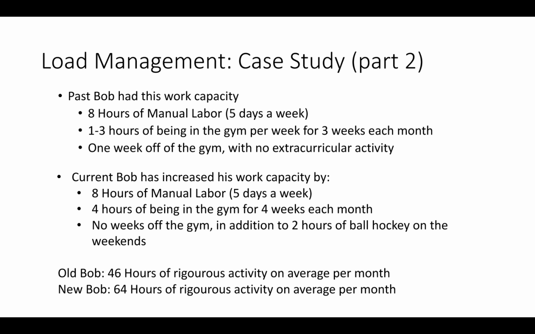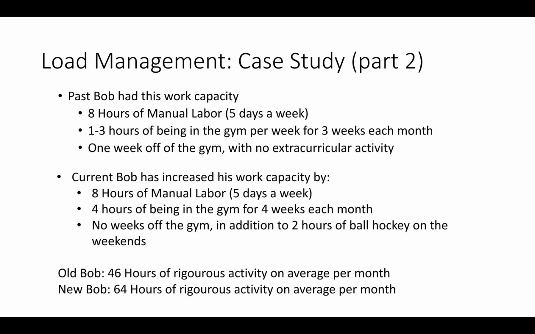New Bob, overnight, he made this change immediately. He now has 64 hours of rigorous activity on average per month. So one of the main problems here is Bob didn't choose to slowly work into this new work capacity. He chose to dive right in. And usually that's not a good way of adopting a more active lifestyle.